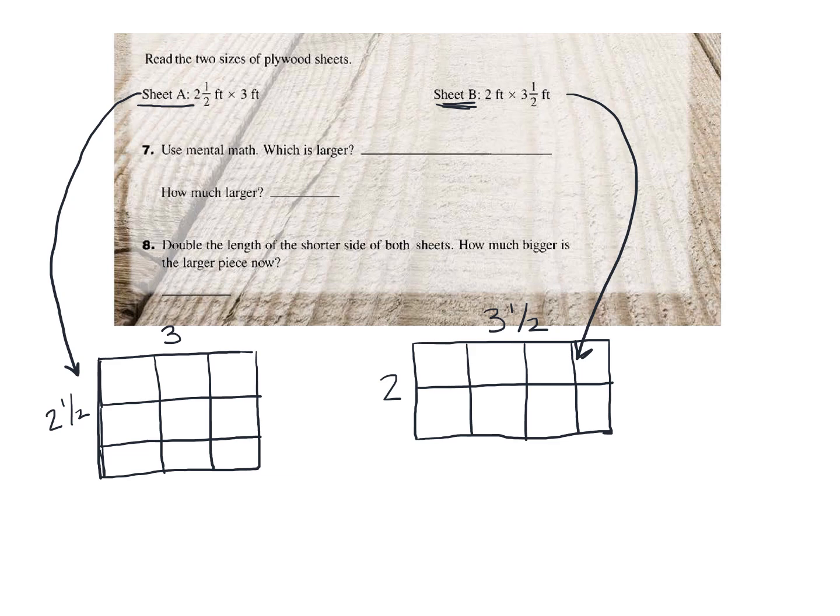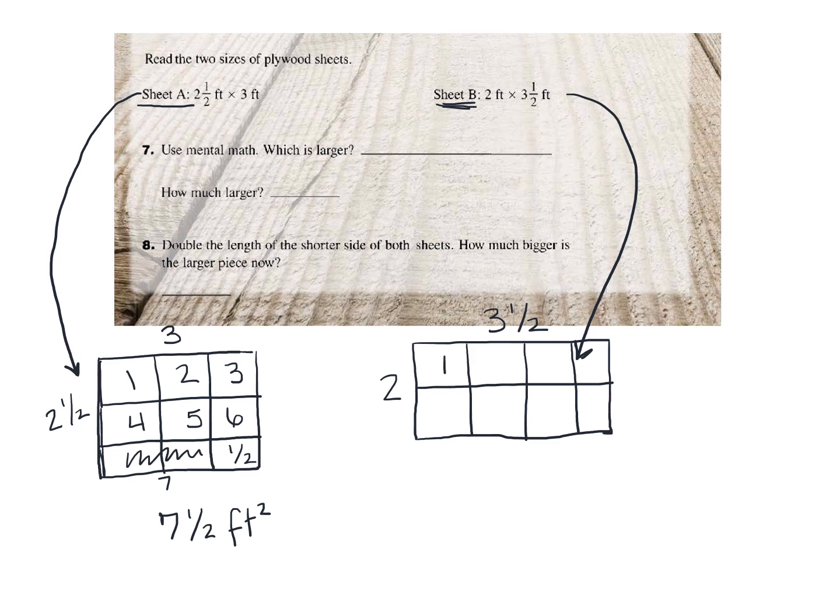So how many square feet is that? So this is 1, 2, 3, 4, 5, 6. That's 7. And then this is a half. So this is 7.5 feet squared.